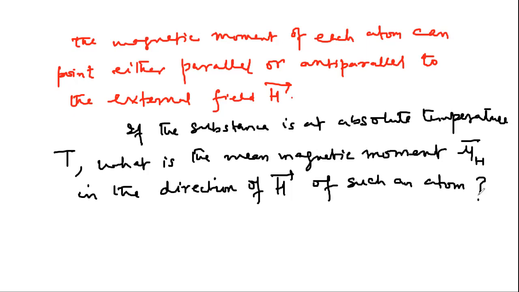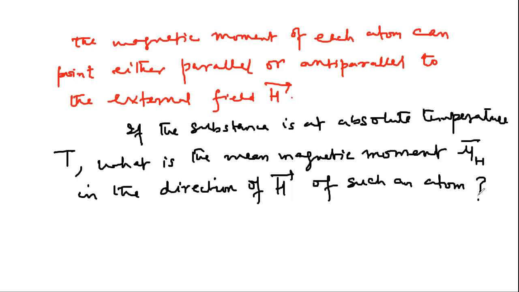Here A dash is all other atoms and all other degrees of freedom. That's why the ensemble which we construct here pertaining to this single atom, which is our system, is a canonical ensemble, because it is in thermal contact with the reservoir formed by the other atoms at temperature T. I hope it's clear to you.